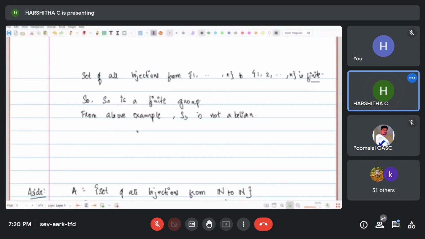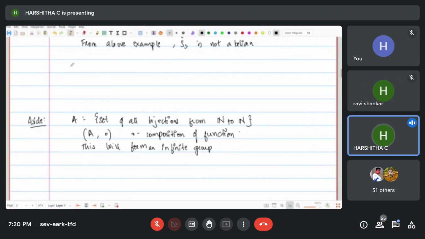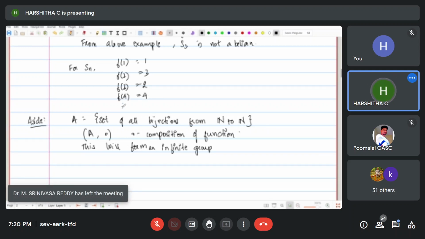So what I'm saying is, for general Sn, you consider f, where f of 1 is 1, f of 2 is 3, f of 3 is 2, and after that it's going to the same number, and so on. f of n is n.